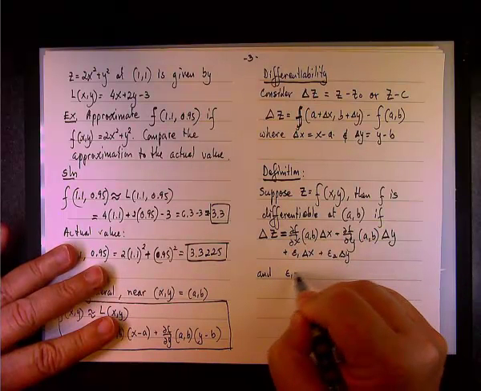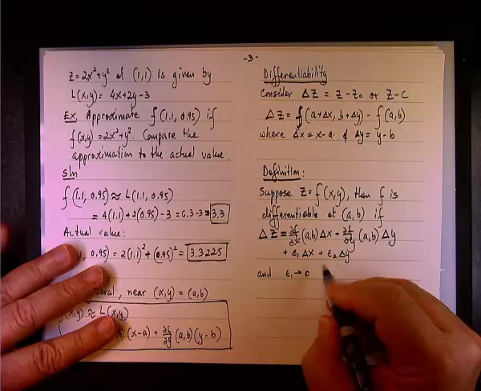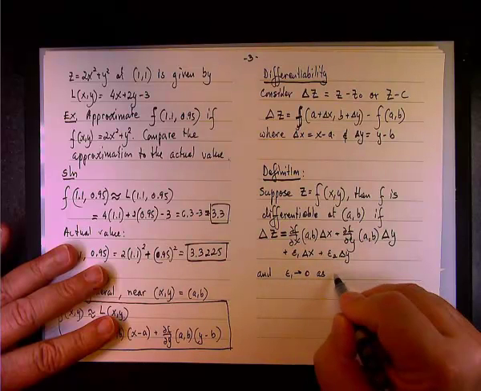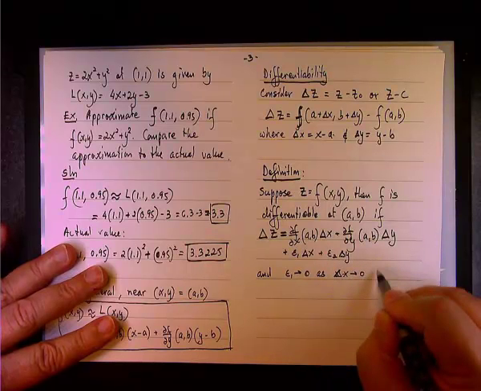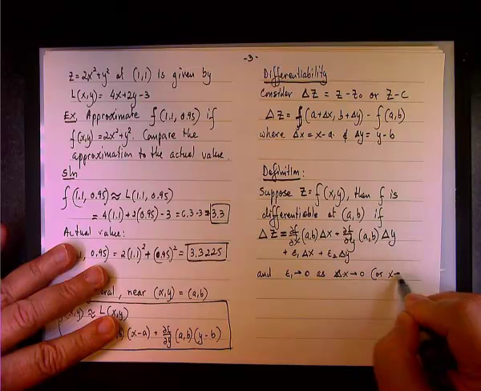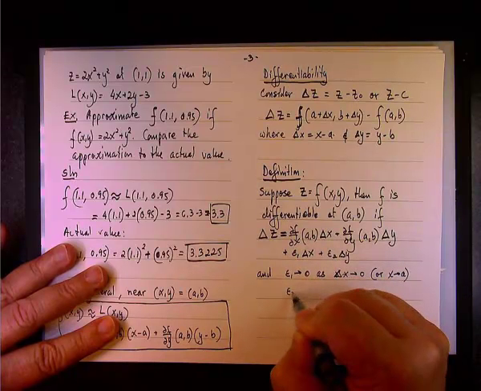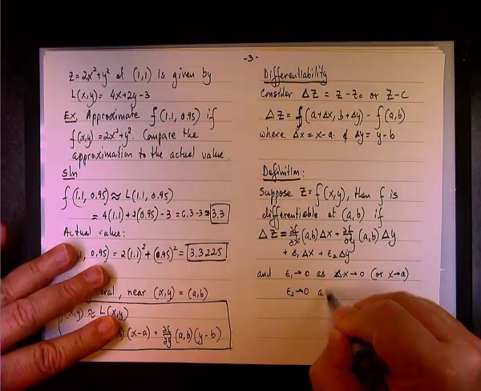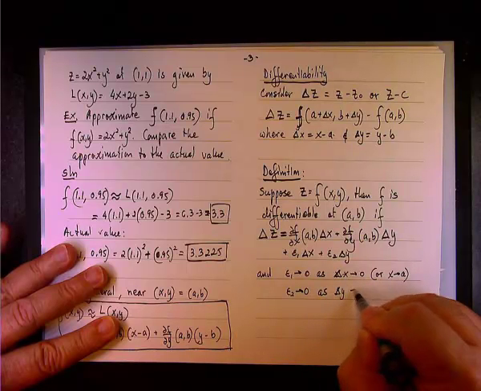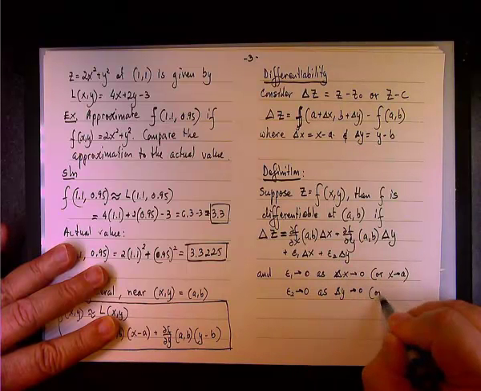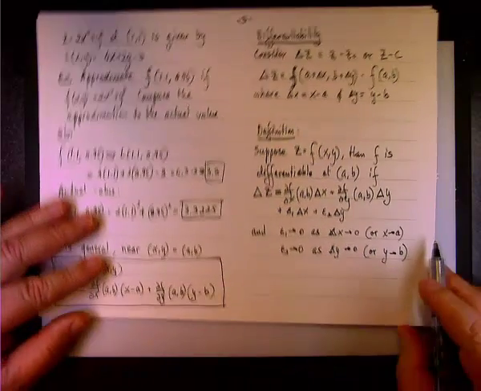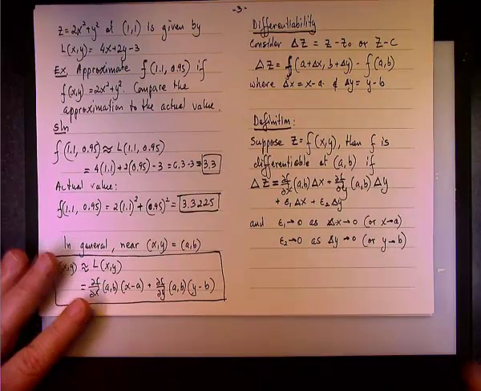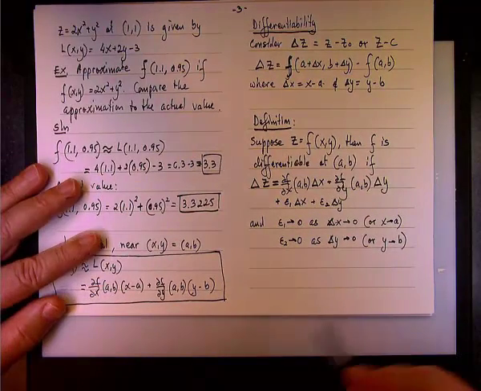To complete the definition, we need the following condition: epsilon 1 approaches 0 as delta x approaches 0, or x approaches a, and epsilon 2 approaches 0 as delta y approaches 0, or y approaches b.